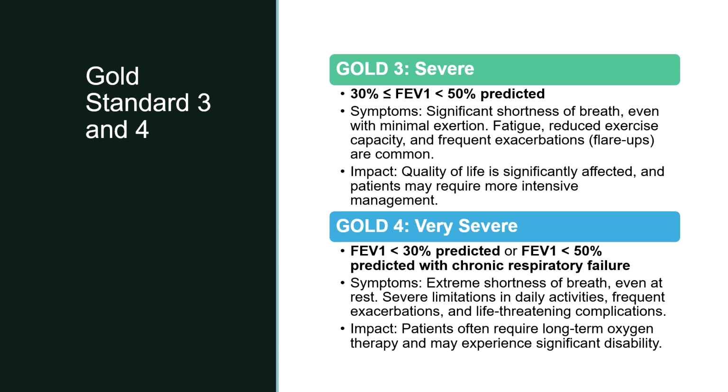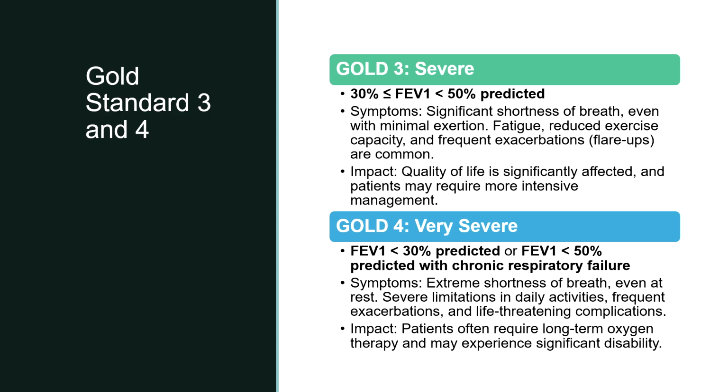Now let's turn our attention to GOLD stages 3 and 4. Remember, GOLD 2 is moderate, and basically that's when your FEV1 is between 50 to 79% of predicted, and you have noticeable shortness of breath. When you get into stage 3, that is labeled severe. That means that your FEV1 is between 30 to 49% of predicted values.